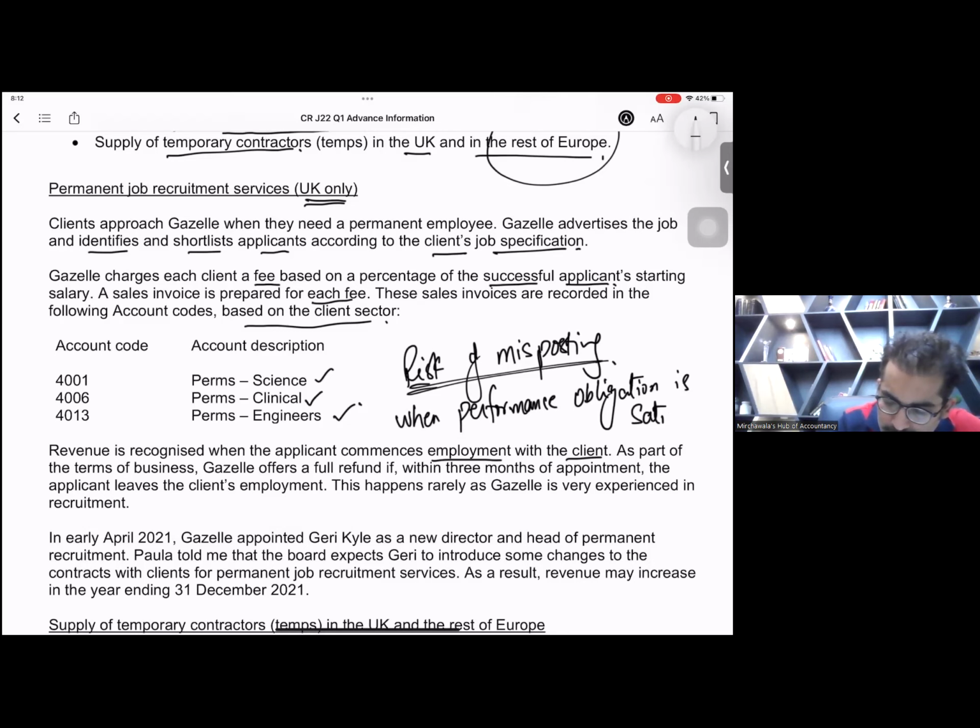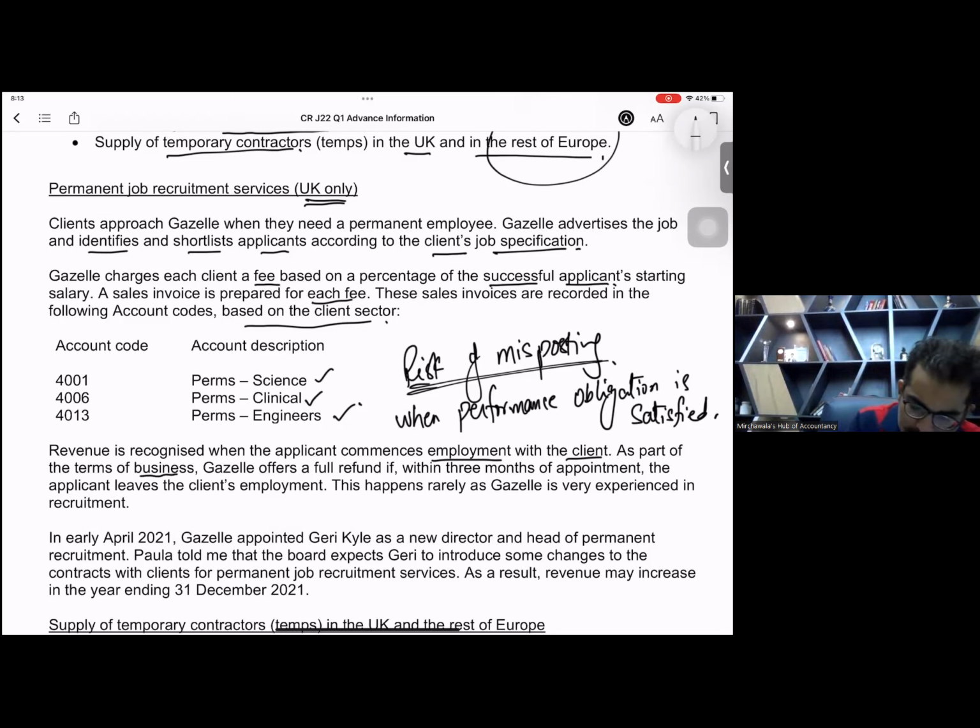Okay, so this is the key. Sometimes the performance obligation is satisfied in one shot, and sometimes you book revenue over time because that obligation is satisfied over time. That's the key. Now, revenue is recognized when the applicant commences employment with the client.